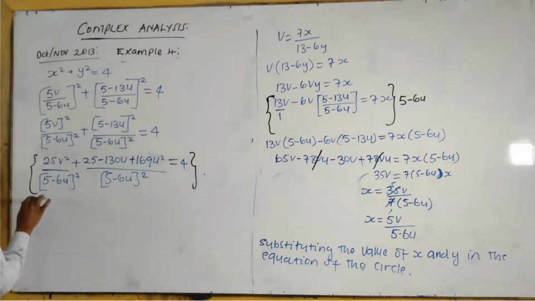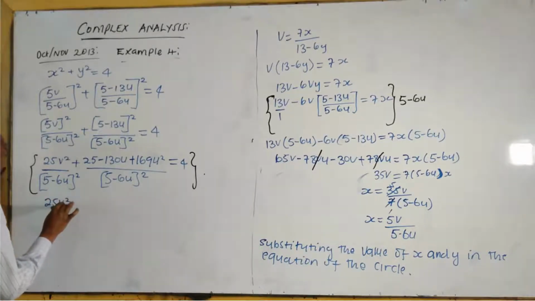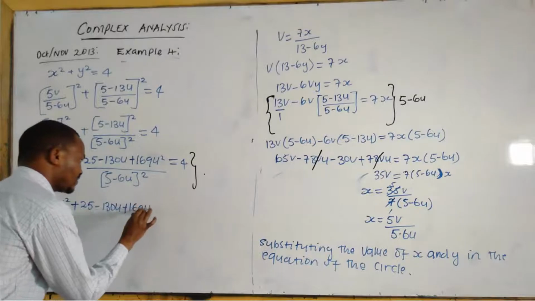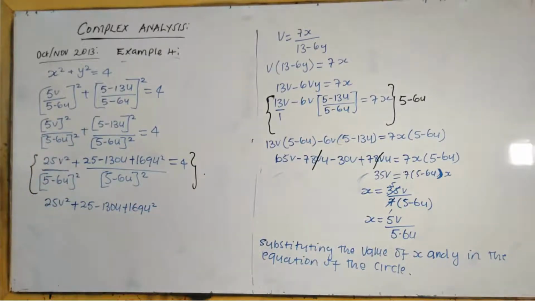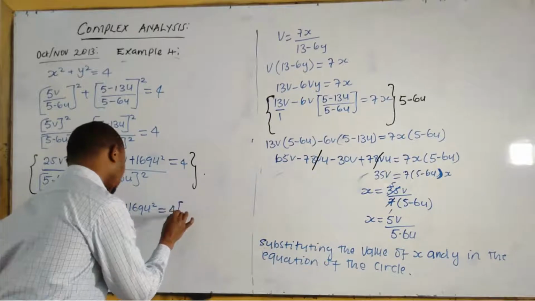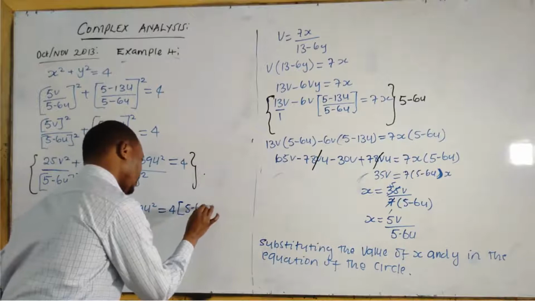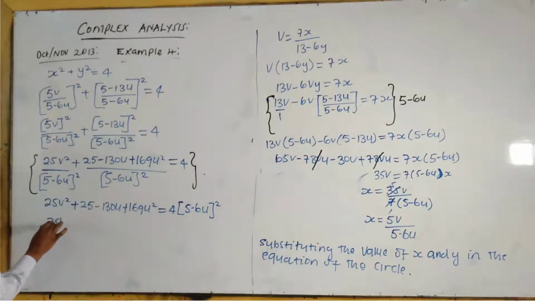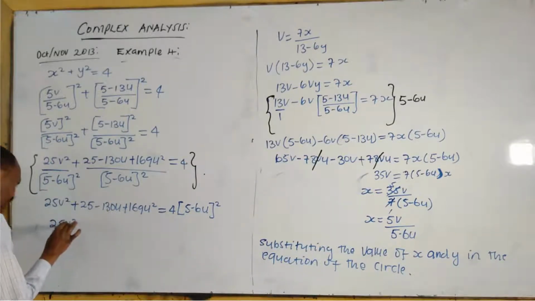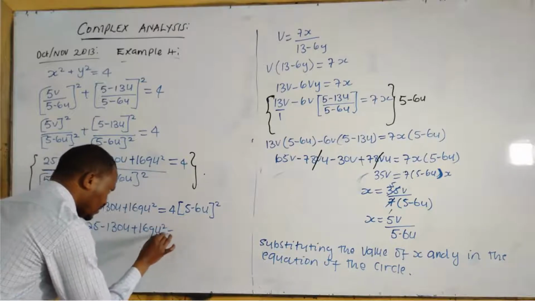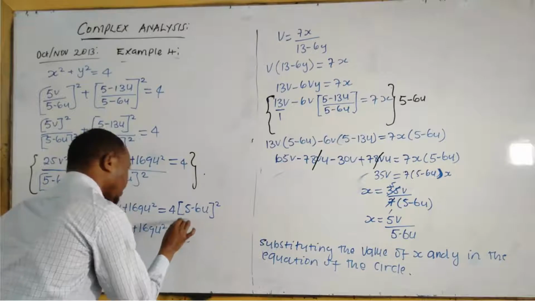This is 25v squared plus 25 minus 130u plus 169u squared is equal to 4 into bracket (5 minus 6u) squared.